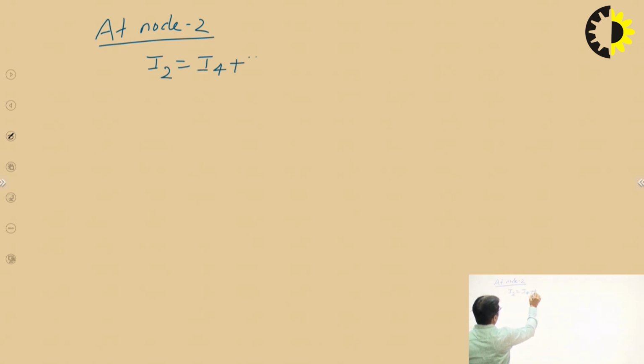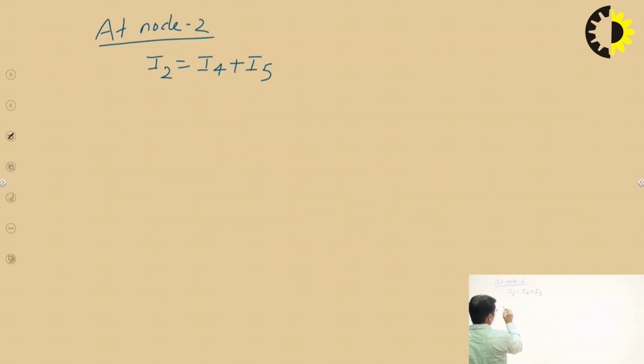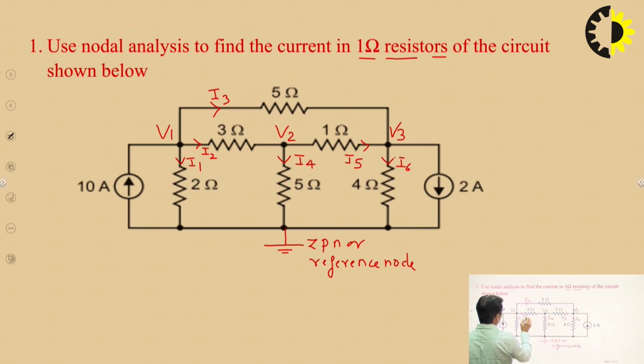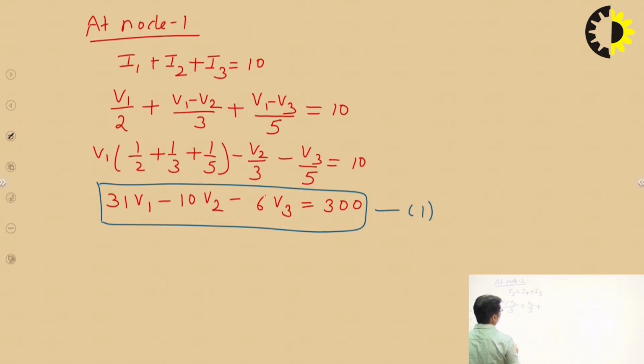Now this I2 that we have already calculated, that is (V1 minus V2) upon 3, is equal to I4, that is V2 upon 5, because this node has zero potential, plus I5.